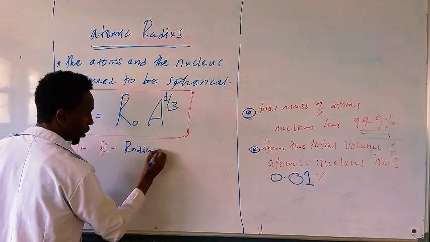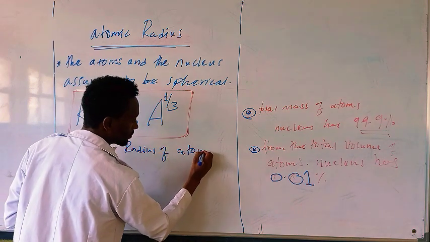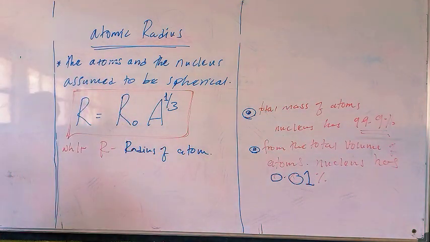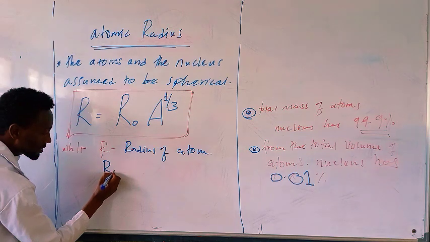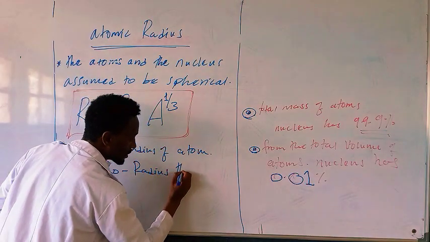Where R is the radius of atom. R0 means the radius of the given nucleus.